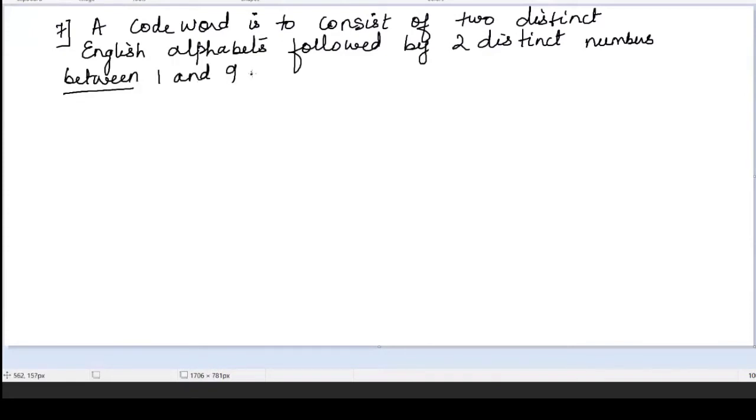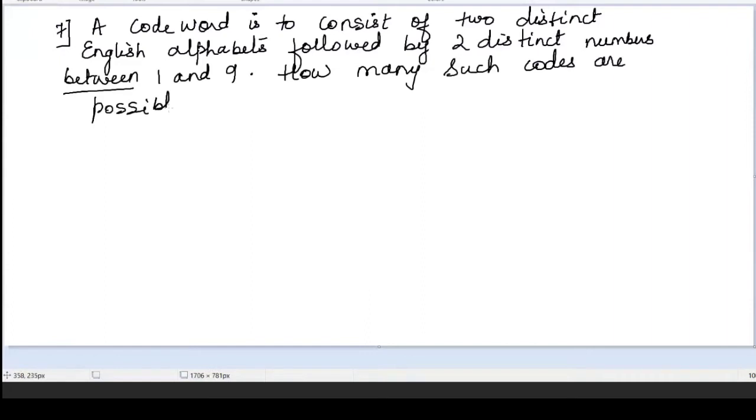Full stop. How many such codes are possible? How many such codes are possible?